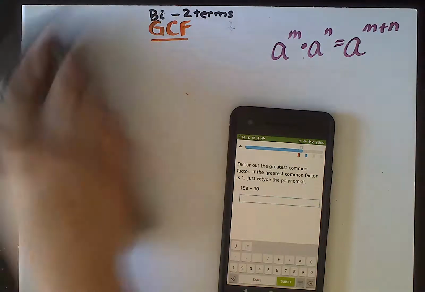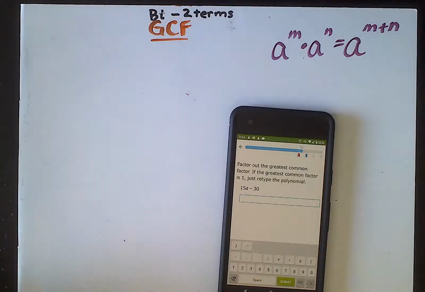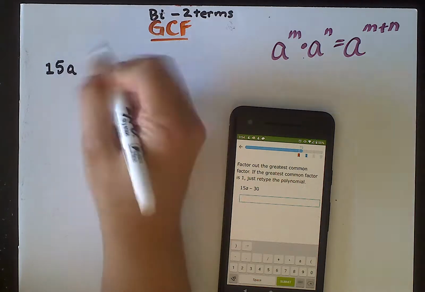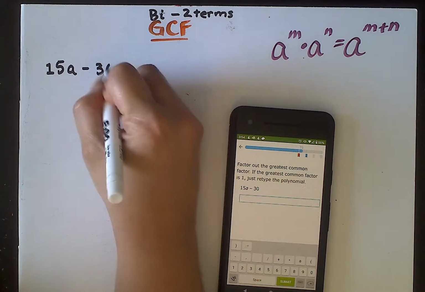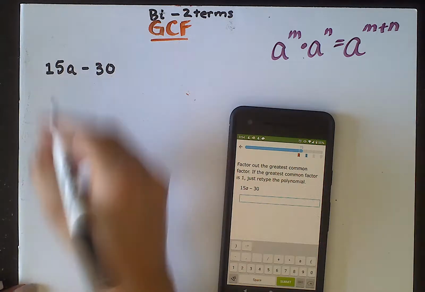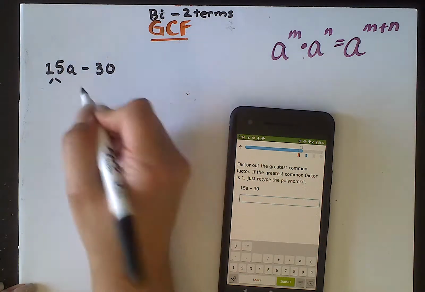Okay. I want to try and get into those harder ones like Jocelyn had asked me at the very beginning. So I have 15a minus 30. I think that's going to be probably whenever I get into the 90s or so, which is where you ended at, Deanna. So 15 is a composite number.